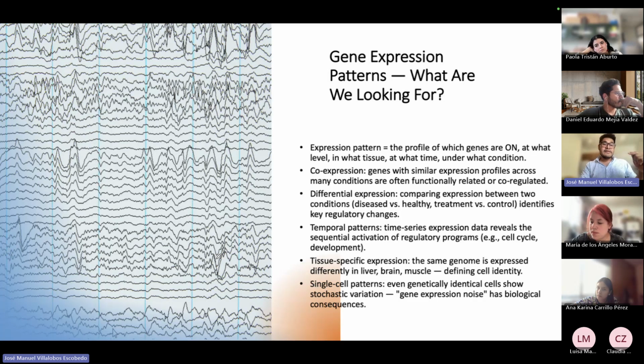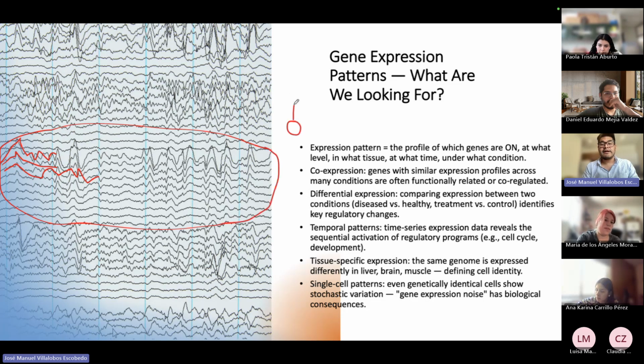That is, if one gene is up, for example here, and another gene is up again, and another gene is up in many conditions, they follow the same behavior across many conditions. For example, imagine that each position here is a condition. You will have a cluster and you will say, okay, these genes are together because they have the same behavior, and you can conclude they are working together.